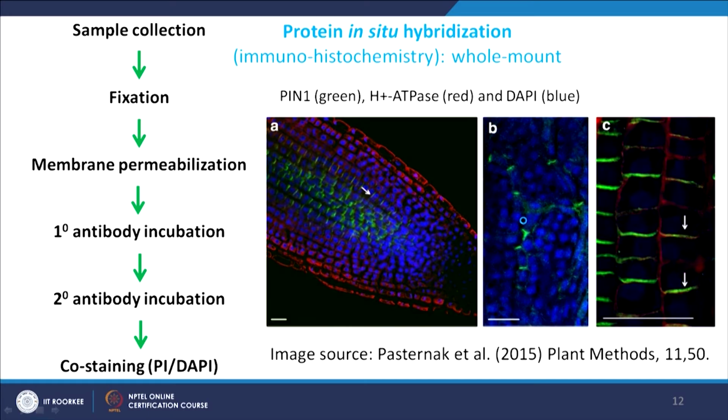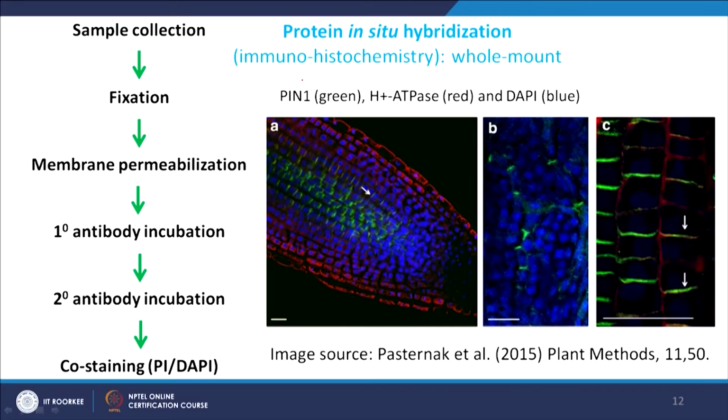So if you want to detect the protein in a tissue, or the spatial and temporal localization of proteins, you can perform protein in situ hybridization, which is also called immunohistochemistry.